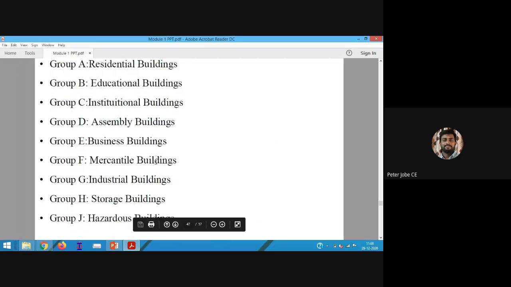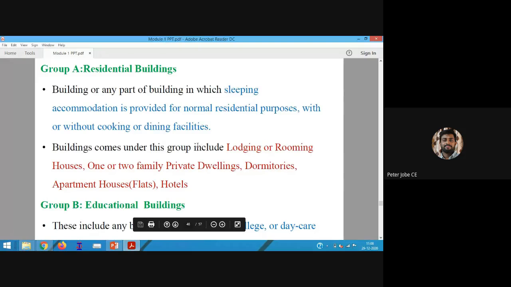Let us see all these in detail. Group A, residential buildings. This is a building or any part of a building in which sleeping accommodation is provided for normal residential purposes, with or without cooking or dining facilities.